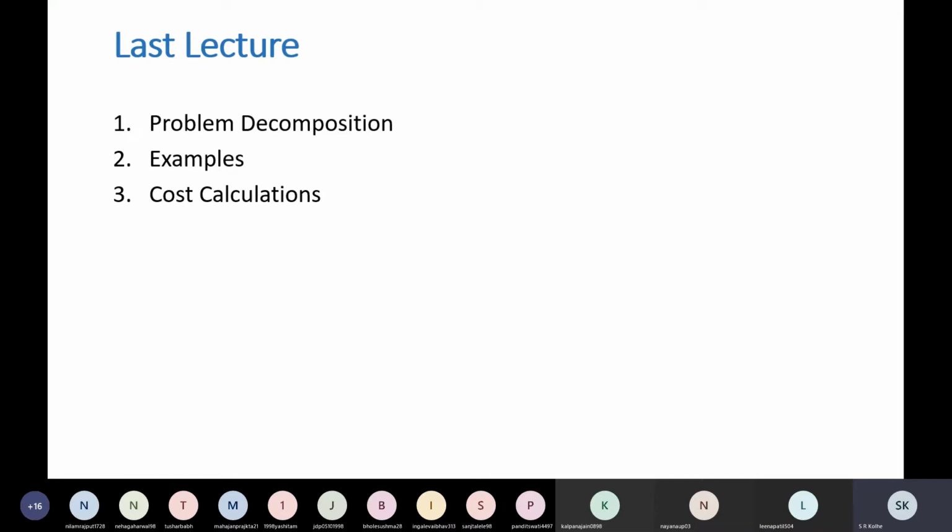So this problem decomposition basically is the basic principle for the problems where this AO star will work.